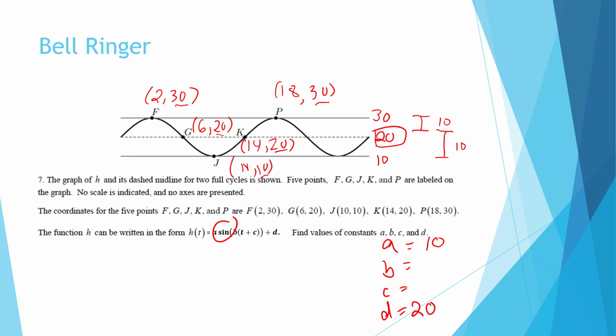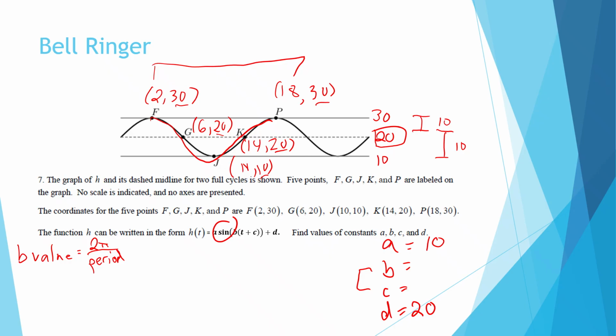All right, B and C are going to be focused now on our x coordinates. So remember our B value is going to be 2 pi over our period. Once we have that, our period starts at F and ends at P. This is the length of one full period because it goes down and then back up, and then that same pattern repeats itself.